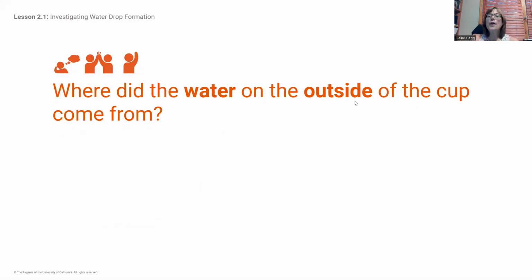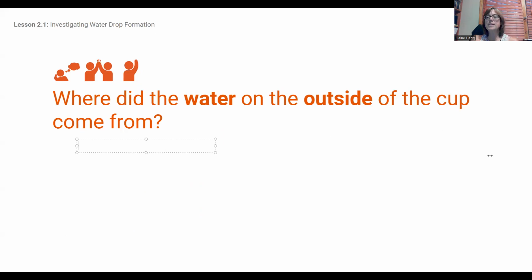Now, where did the water on the outside of the cup come from? Well, we talked about the differences in temperature, and when the cup is cold and the air is warm, it's going to cause those little water droplets to come and condense and make condensation.